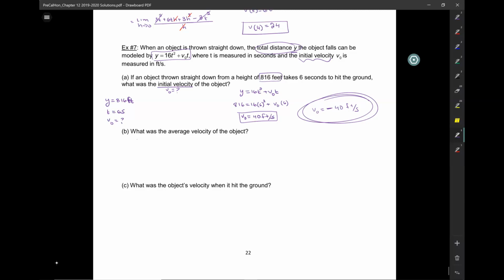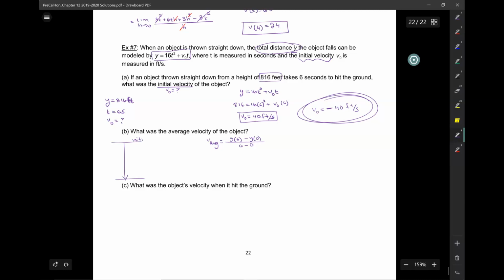Okay, what was the average velocity of the object? Well, average velocity has to do with final minus initial. So it's y at 6 minus y of 0 over 6 minus 0. Let's just see what's going on here.